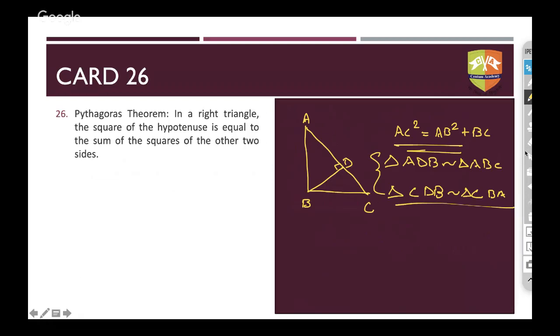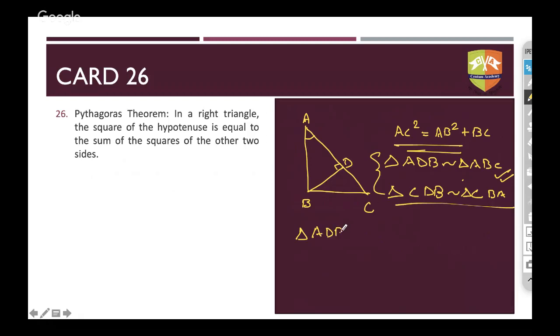If triangle 1 is similar to triangle 2 and triangle 3 is also similar to triangle 2, can we just say that triangle 1 and triangle 3 are similar, or do we have to prove it separately? No, you don't need to prove it separately, because it's evident. Let me do it once again. So let's say I'm taking this. When ADB is similar to ABC and CBD is similar, you have to just maintain the order of the vertices.